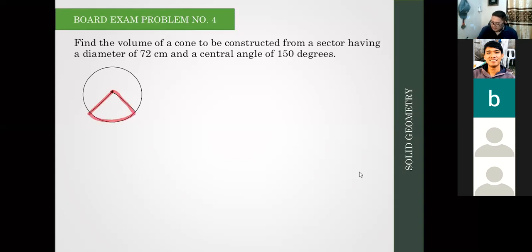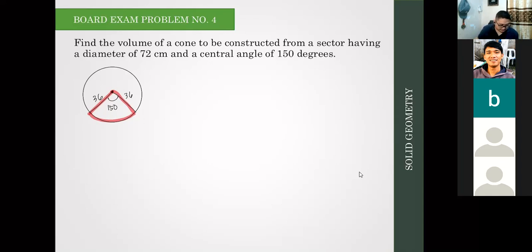So, doon sa dimension natin, may given tayong diameter na 72. So, divide lang natin by 2. So, meron tayong radius na 36. Okay? And yung central angle natin is 150. Okay? So, paano natin makukuha yung volume ng cone natin?